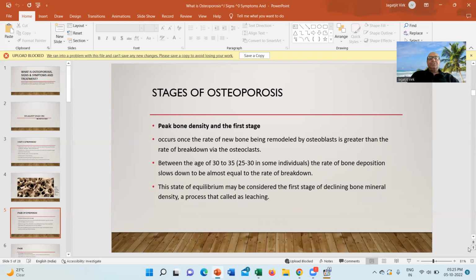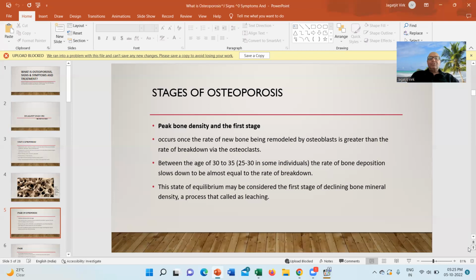Between the age of 30 to 35, and in many individuals from 25 to 30, the rate of bone deposition slows down to be almost equal to the rate of breakdown.